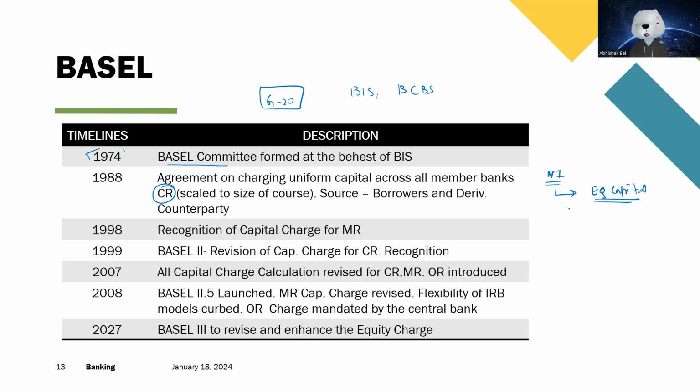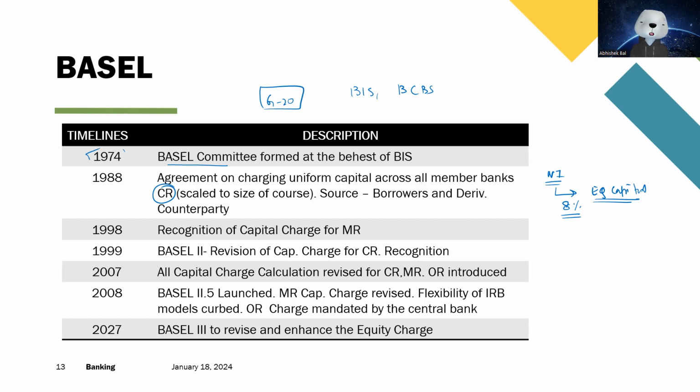That should be kept aside, reserved to meet any sort of exigency. As a ballpark figure, 8% equity capital was earmarked every year to ensure that any default emanating out of credit risk be met through this reserve capital.